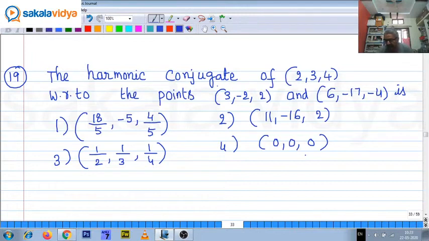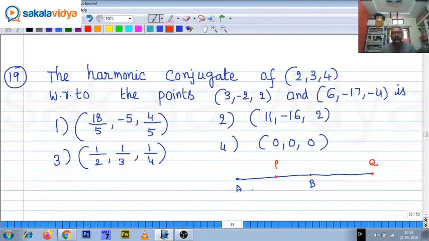Then that point is known as the harmonic conjugate of the given point with respect to the given points. Let me first explain harmonic conjugate simply. For example, this is the line segment AB. Take 2 points like this: this is the P point and here we have the Q point. P and Q are said to be harmonic conjugates if P and Q divide AB in the same ratio.